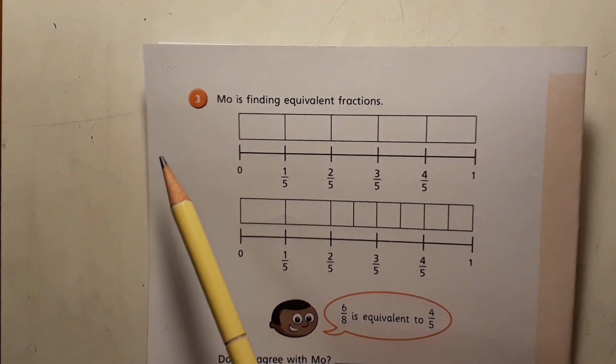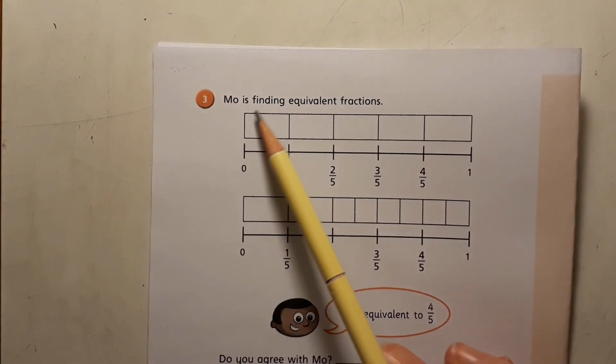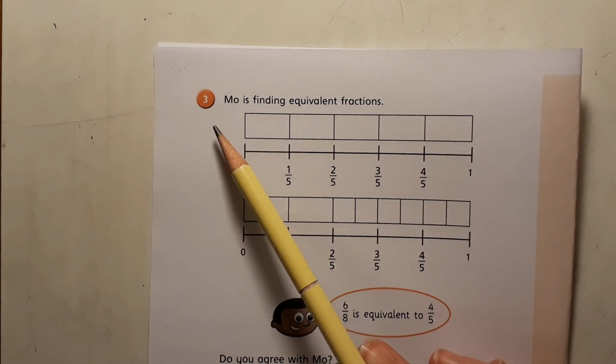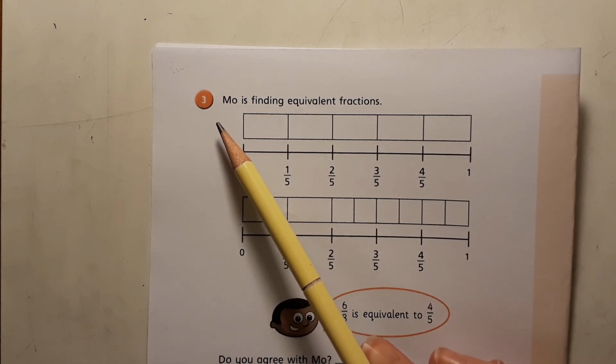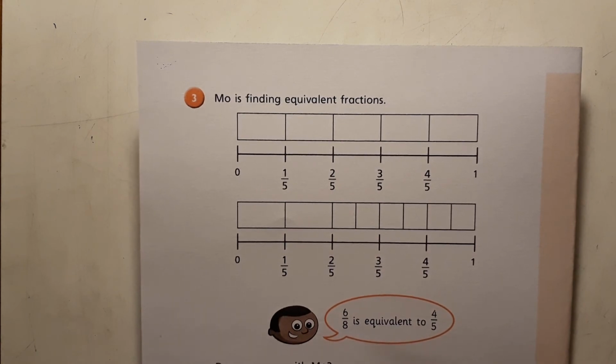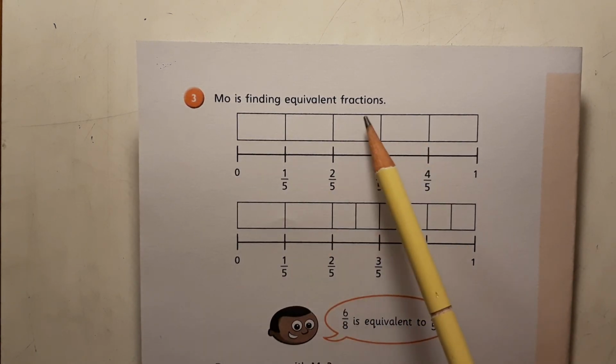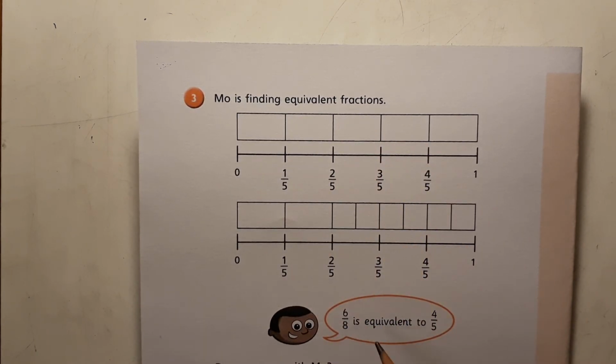So this is the second side of the sheet, and this is where it starts, I think, to get quite tricky. And I just think it's a horrible question. So Mo is finding equivalent fractions. 6/8 is equivalent to 4/5. Do you agree with Mo?